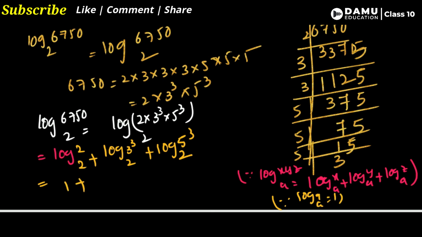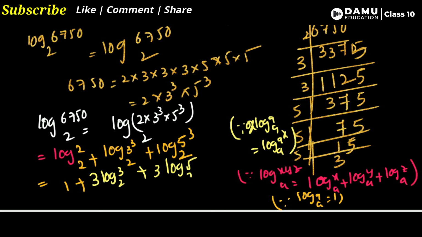For this 1, we can then write one more formula. That formula is x log a is equal to log a power x. So this is the right side, then on the left side you can write 3 into log 3 base 2 plus 3 into log 5 base 2. So this is 1 plus 3 into x, and this is 3 into y.